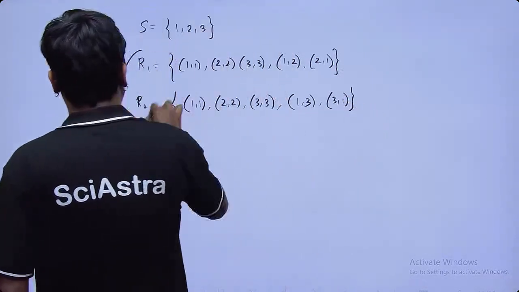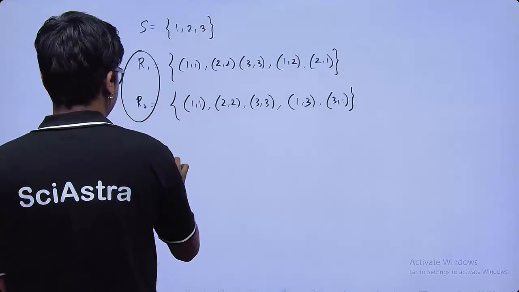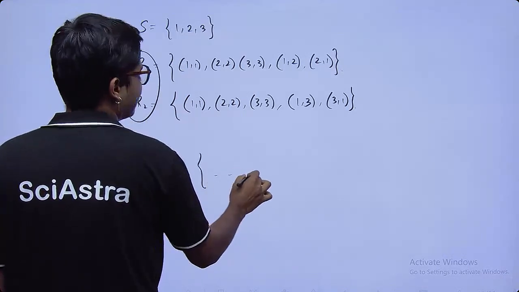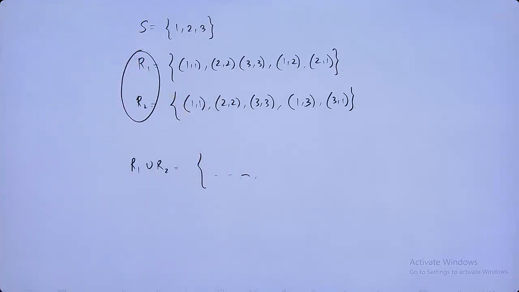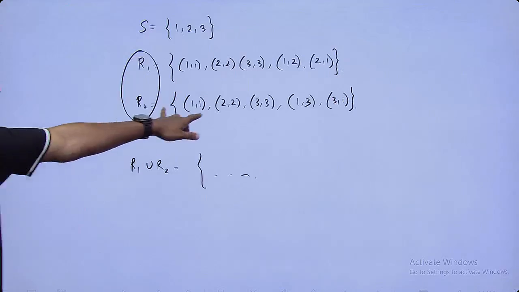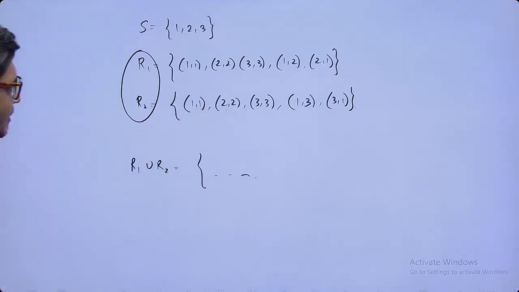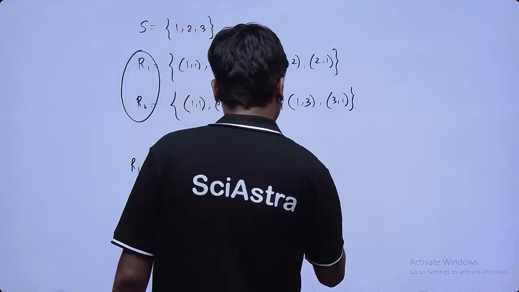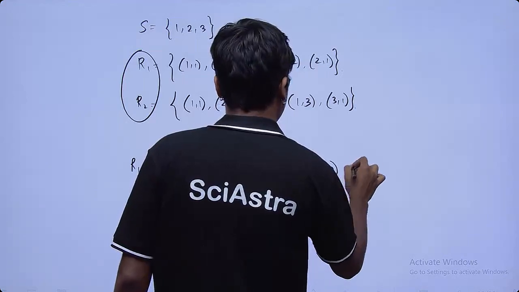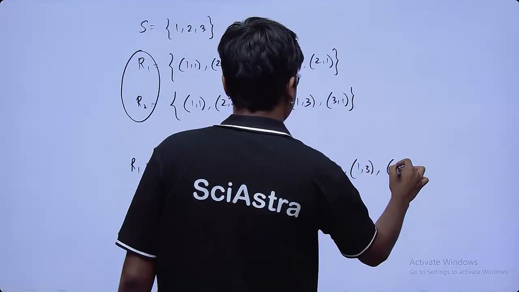So what is the union going to be? The natural triplets (1,1), (2,2), (3,3). Apart from that, you have (1,2), (2,1), (1,3), and (3,1), right?